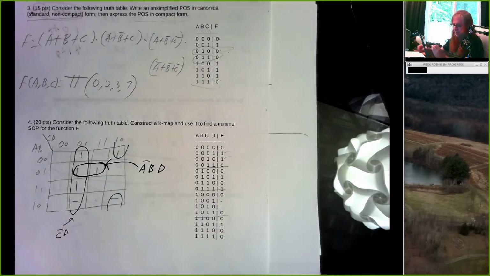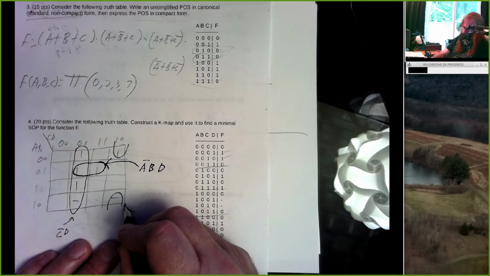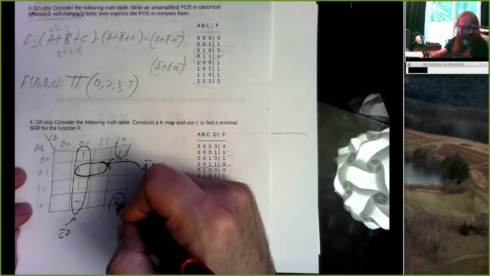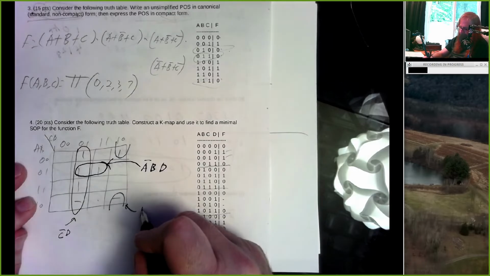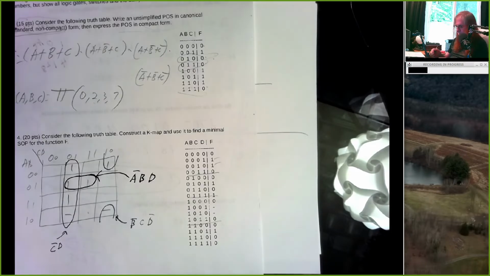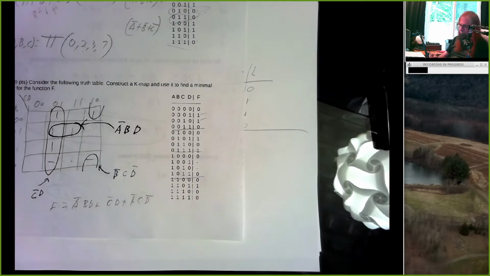And then this broken rectangle, John Travolta movie. A can be a 0 or 1, so it doesn't matter. B is a 0. C is a 1. D is a 0. So your simplified expression would be F equals A bar B D, or C bar D, or B bar C D bar.